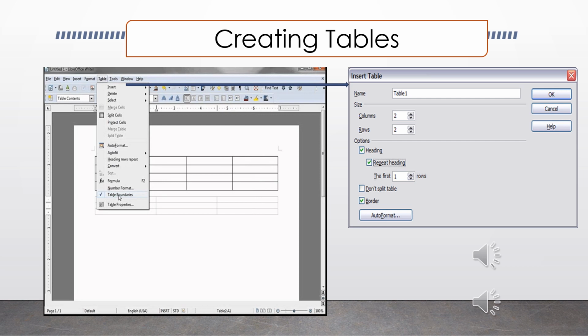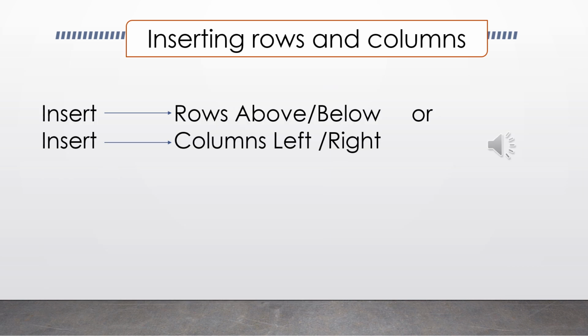We can give the number of columns and number of rows we want in the table. When we want to insert more rows and columns, we can use the rows above or below and columns left or right options which are available in the insert menu.